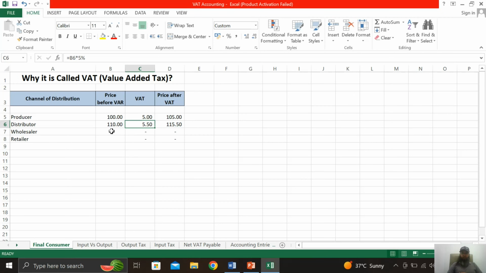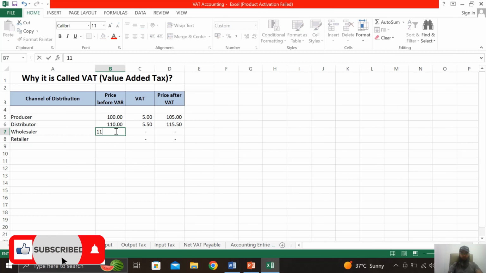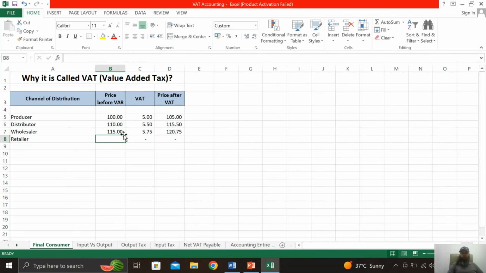Then this distributor will sell this item to the wholesaler at this price of 115.5, and the wholesaler, after making his margin, will sell the same item at 115. When he sells this item, there will be VAT of 5.75, and the selling price will be 120.75.